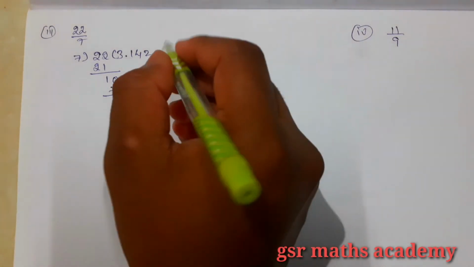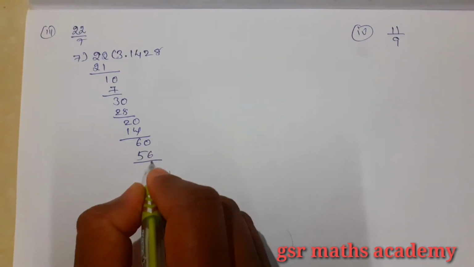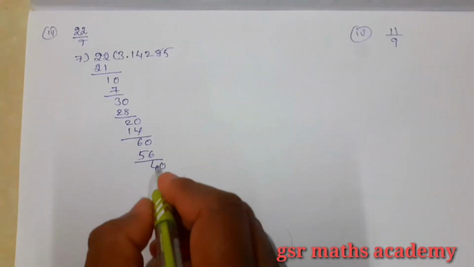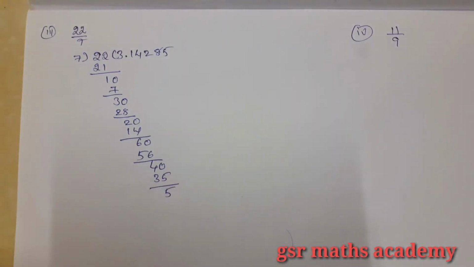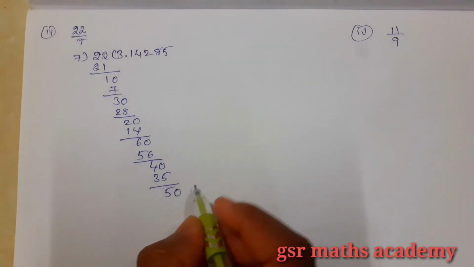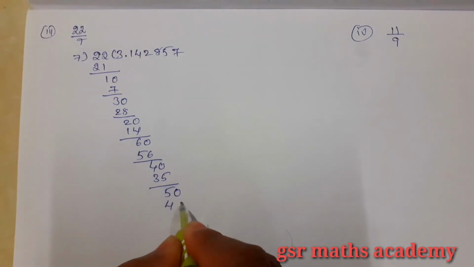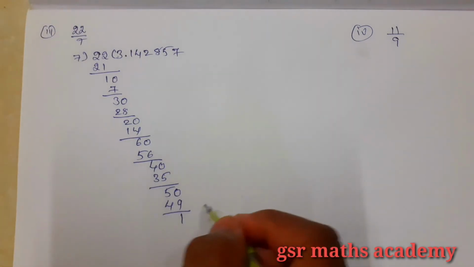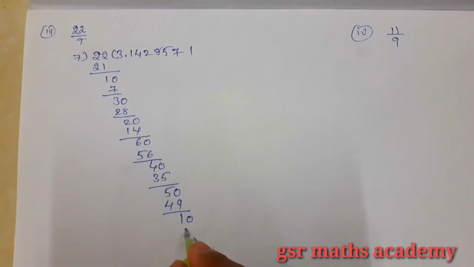Now 7 eights are 56, and subtracting it you get 4, and taking 0 here, 40. 7 fives are 35. Again on subtracting it you get 5, and 0 here, and 7 sevens are 49. You are left with 1. Okay, now it becomes 10. Now 7 ones are 7. You are left with 3.